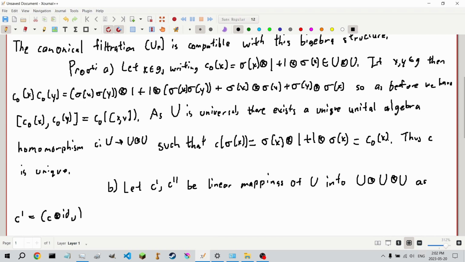This is going to be the U identity tensor C, composite C. And likewise, C double prime, as you can imagine, is going to be the same thing, only applying C a second time on the right.